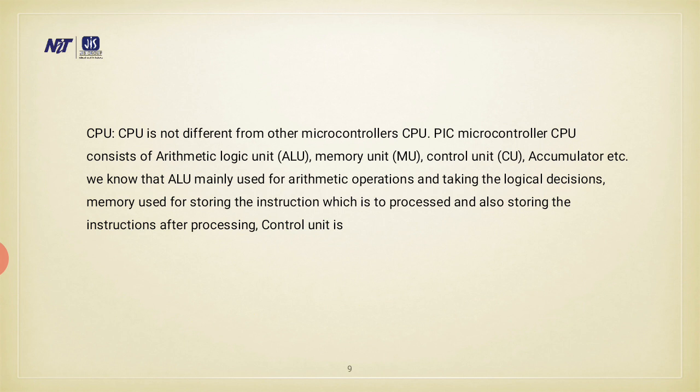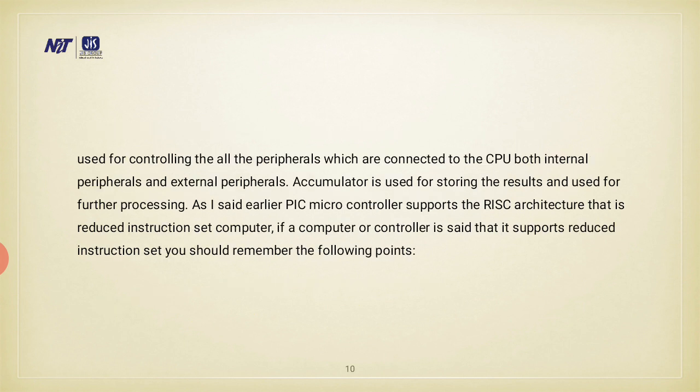Memory used for storing the instruction which is to process and also storing instruction after processing. Control unit is used for controlling all the peripherals which are connected to the CPU, both internal peripherals and external peripherals. Accumulator is used for storing the results used for further processing.